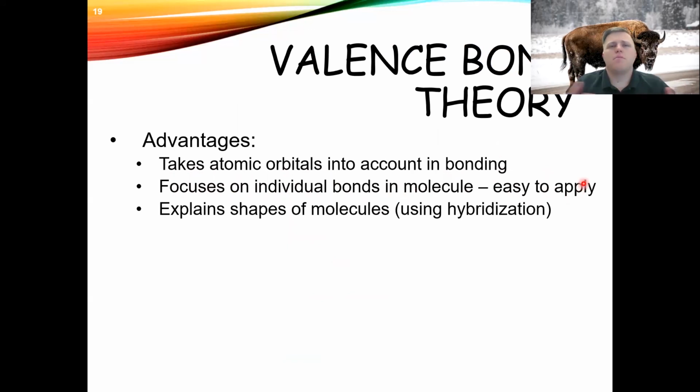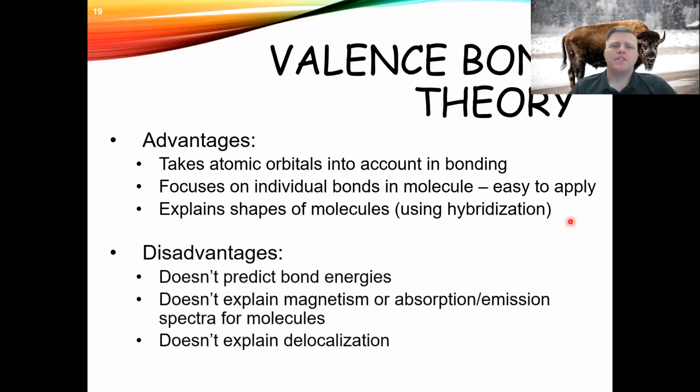Even over a big molecule, let's say a molecule with 50 atoms, you can still figure out the hybridization around each atom, because you just look at each individual atom, say what its steric number is, and figure out its hybridization, etc. And it explains the shapes of our molecules using hybridization. There's mathematical backing behind that, which we're not going to go over in this class, but it's there.